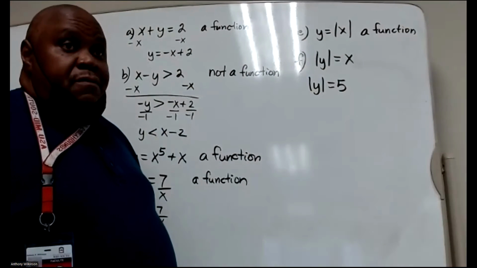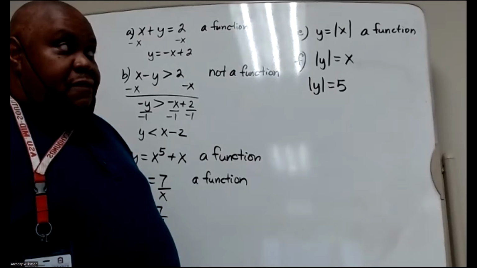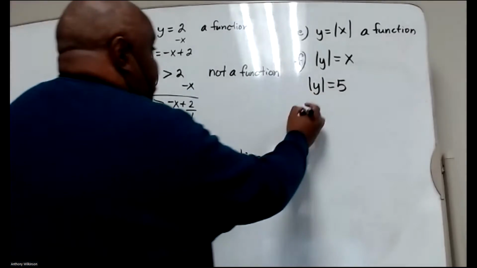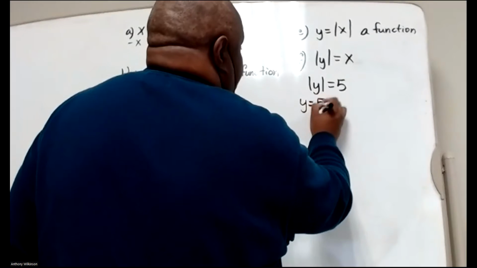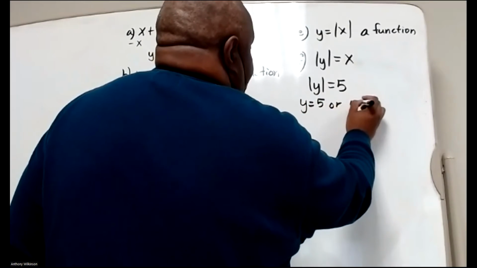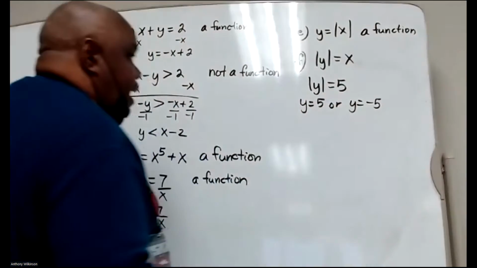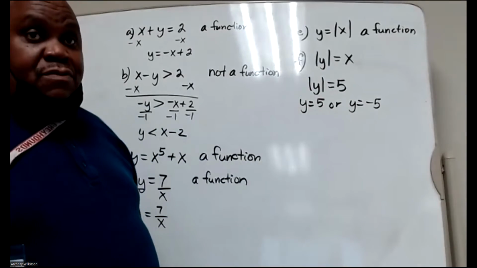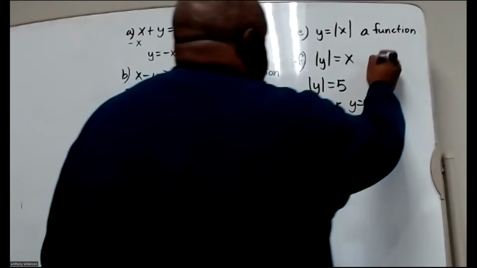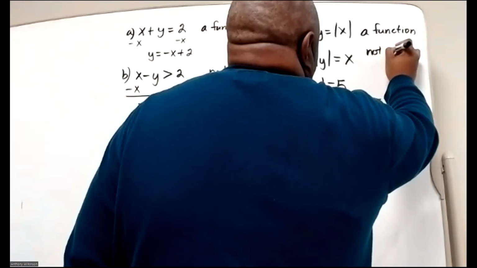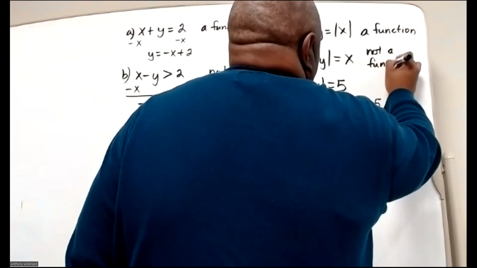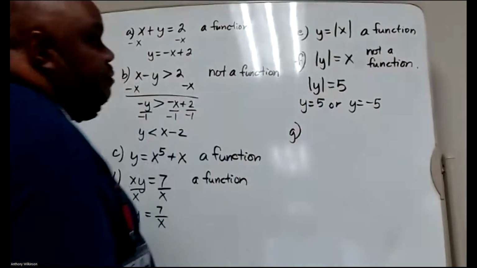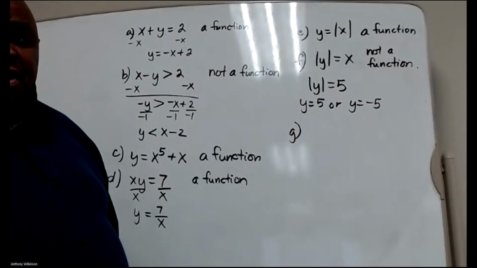If you recall, back in college algebra or wherever, when you have the absolute value of y equal 5, you're going to have two equations. y equals 5 or y is equal to -5. So here you've got this x value with two different y values. So this is not a function. Questions on part F?